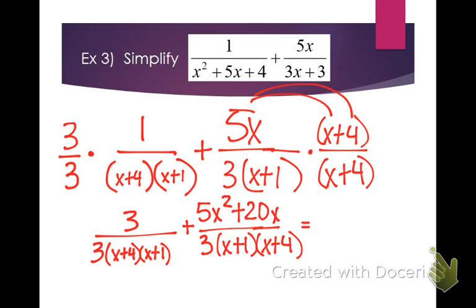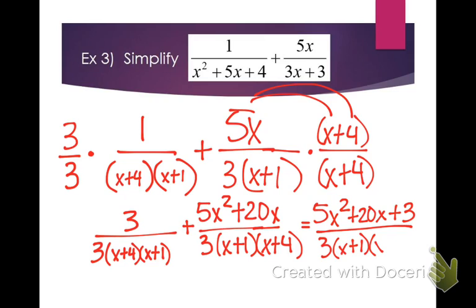No. So for our answer, it's just going to be 5x squared plus 20x plus 3 over 3 times x plus 1 times x plus 4. And I'm fine with you leaving the denominator factored, at least for now.